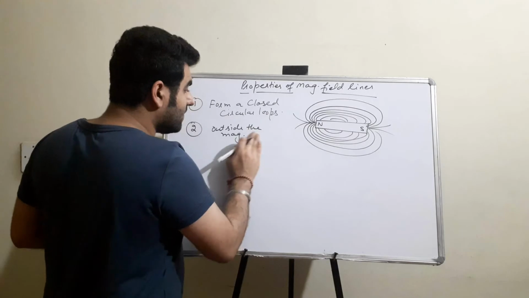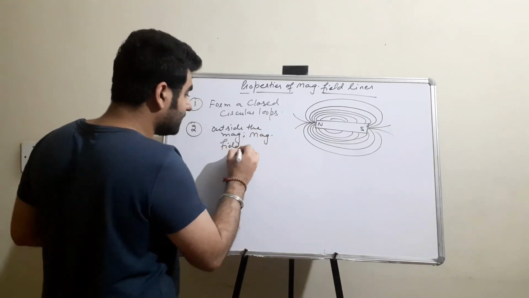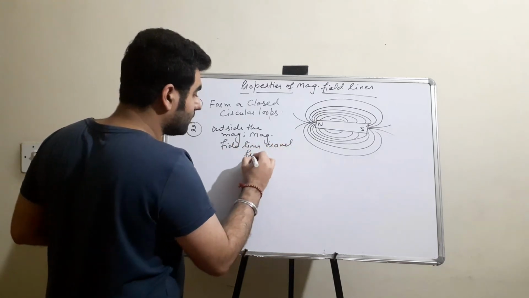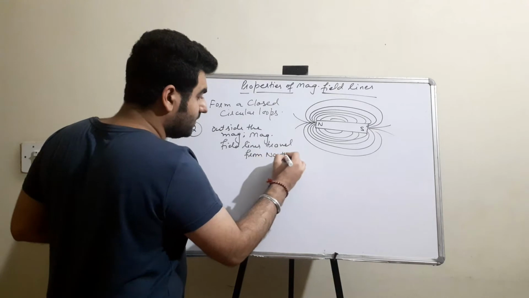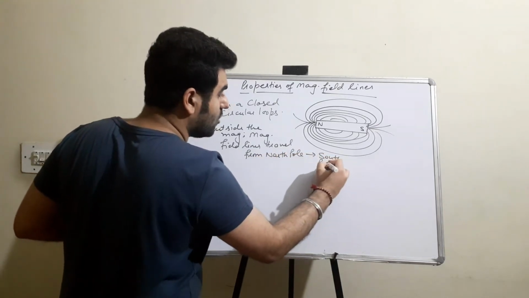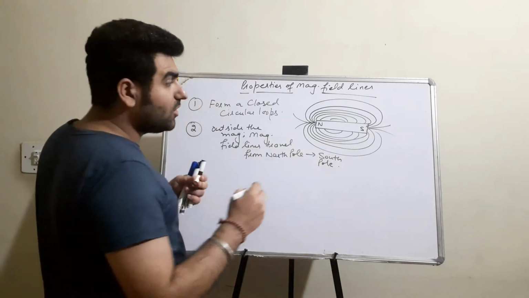The second thing, which is very important, is that outside the magnet, magnetic field lines travel from North Pole to South Pole. So outside the magnet, they are traveling from North Pole to South Pole.